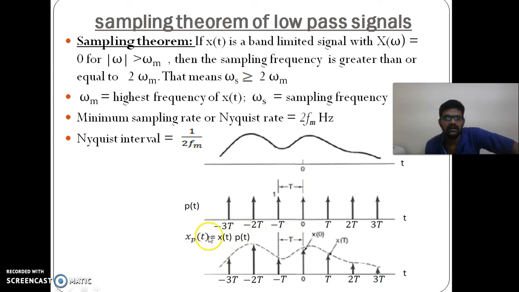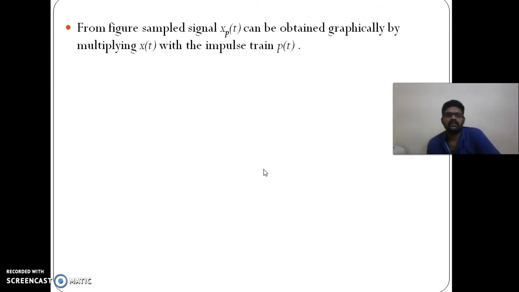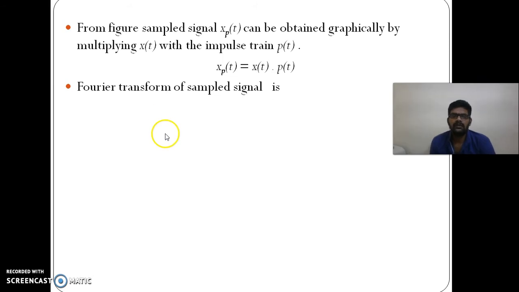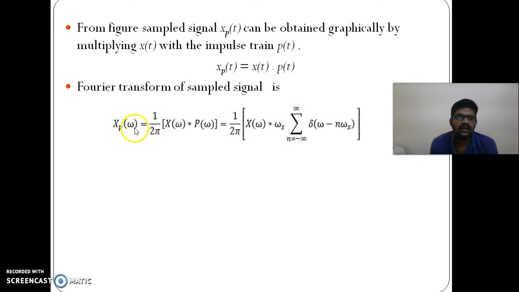So xp, the resultant sampling function, is equal to the multiplication of x of t with the pulse train p of t. From the above figure, the sampled function can be obtained by multiplying the x of t function with the impulse train: xp of t is equal to x of t into p of t. Now taking the Fourier transform of the sampled signal, x of t multiplied with p of t, multiplication in the time domain is convolution in the frequency domain.